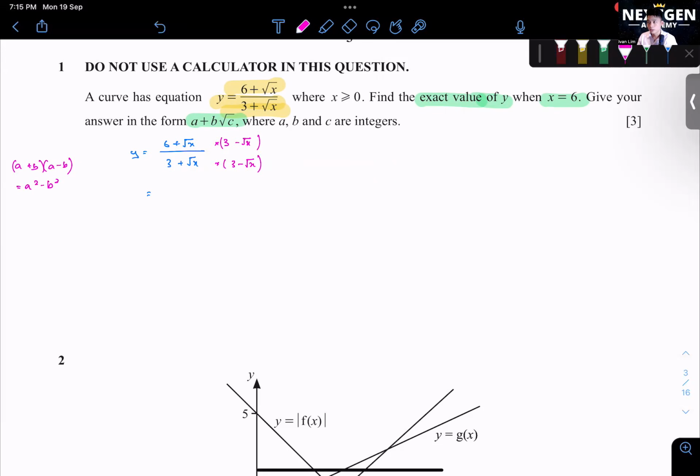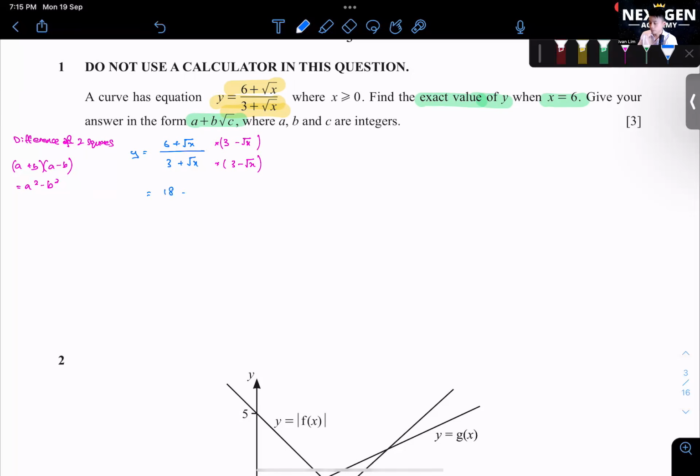If they ever say the term difference of 2 squares, they are referring to this one. So we are actually using these properties.